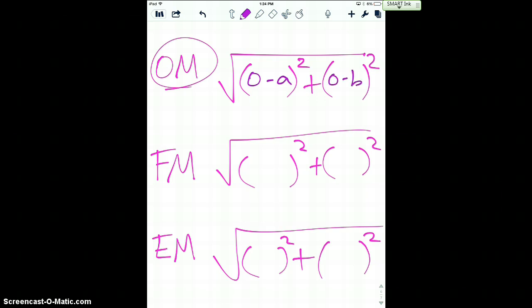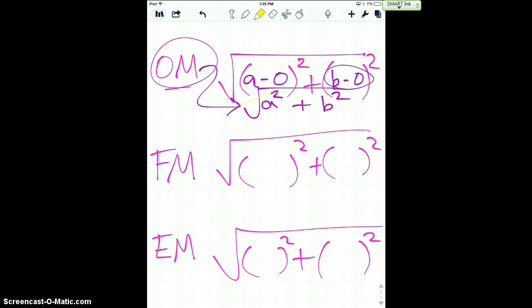But you know what? I don't like working with negatives. So I'm just going to switch that around and make it a minus 0. So now when I simplify, a minus 0 is a, and a to the second power would be a squared. Same thing here. Plus b minus 0 is b, b squared is b squared. And that'll all be under the square root. So OM is equivalent to the distance of the square root of the quantity a squared plus b squared.